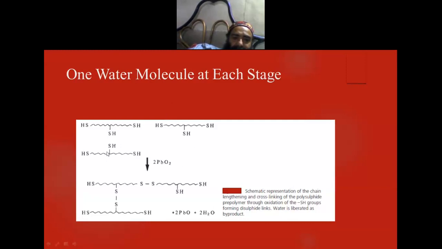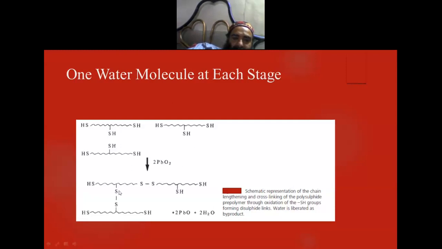You can see that these are the prepolymer of polysulfides with the catalyst, which is lead dioxide.